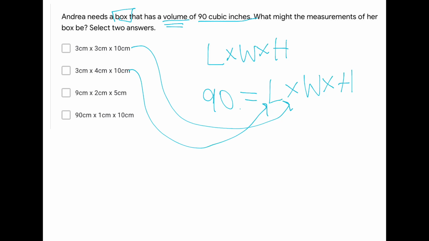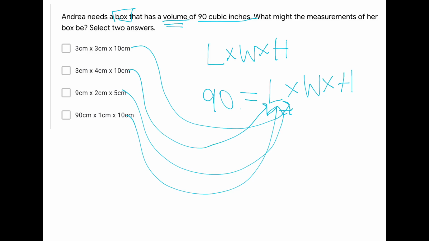If you get 90, check your box. If you don't get 90, don't check it.